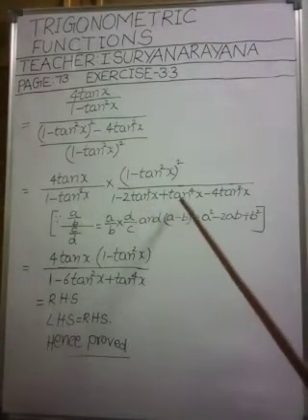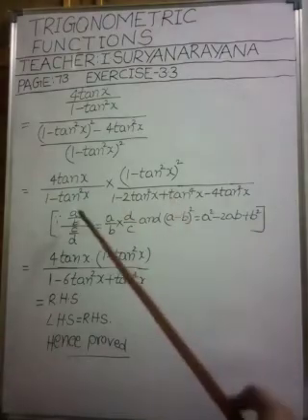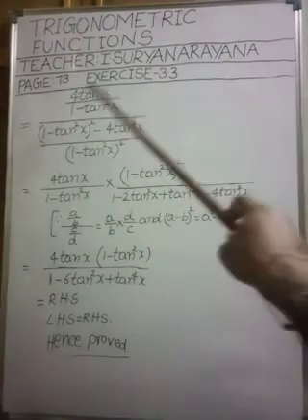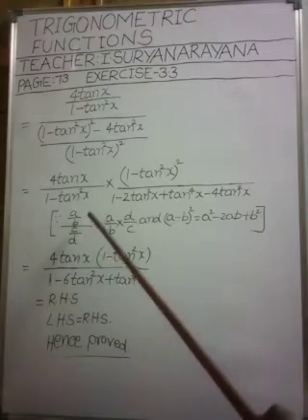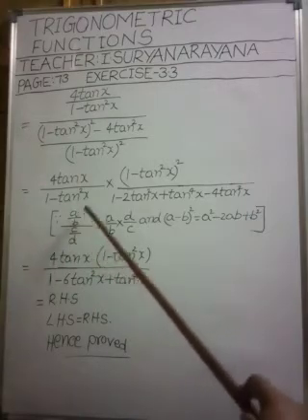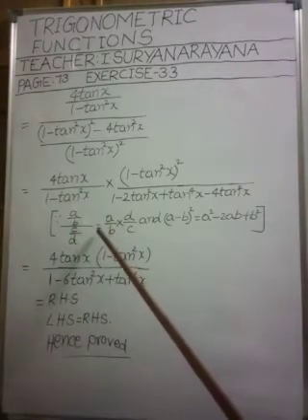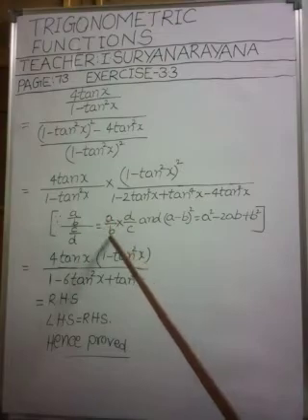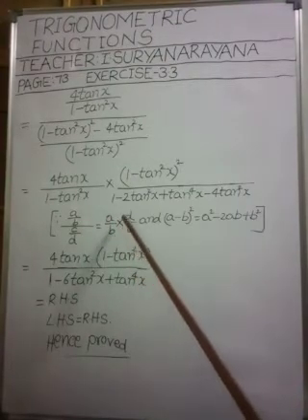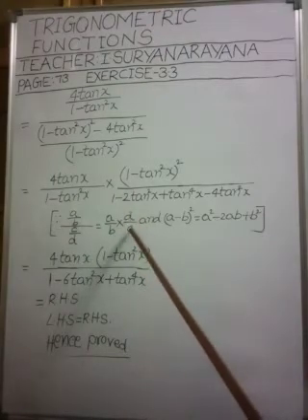Because this entire number is in the form of a by b whole divided by c by d. If any number is in this form, in the numerator is a fraction and the denominator is also a fraction, how can we write that number? Numerator fraction, we write the fraction in the numerator as it is into, we write the reciprocal of the denominator fraction. Okay, a by b into d by c.